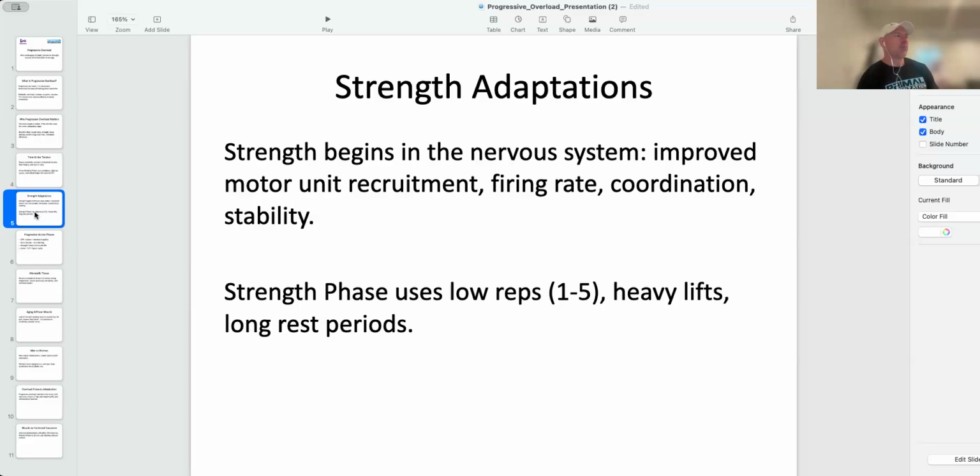Okay. So if you haven't been lifting for 2 to 3 weeks and come in to do any type of resistance training, whatever level that looks like, your central nervous system is impacted first. What you will notice in the first 2 to 3 weeks is your ability to move through a range of motion with a specific load will get better, your coordination will start to feel better, and your stability will start to feel better.